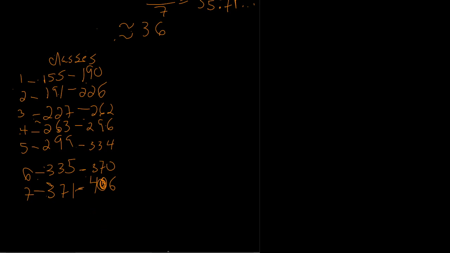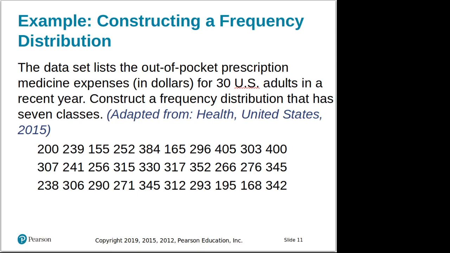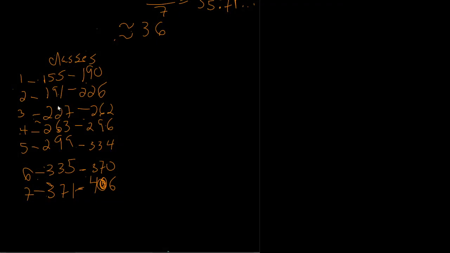So now I come back over here to the data. And I go, okay, 200. That goes into this class here. And so I put a tally mark down for where 200 goes.